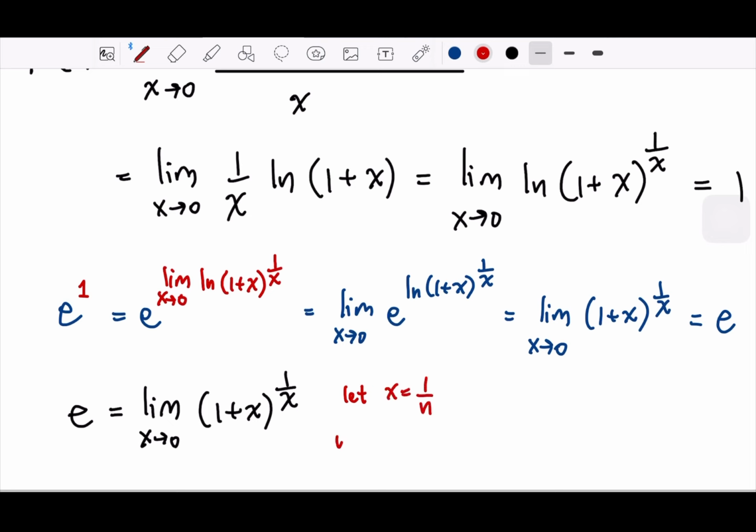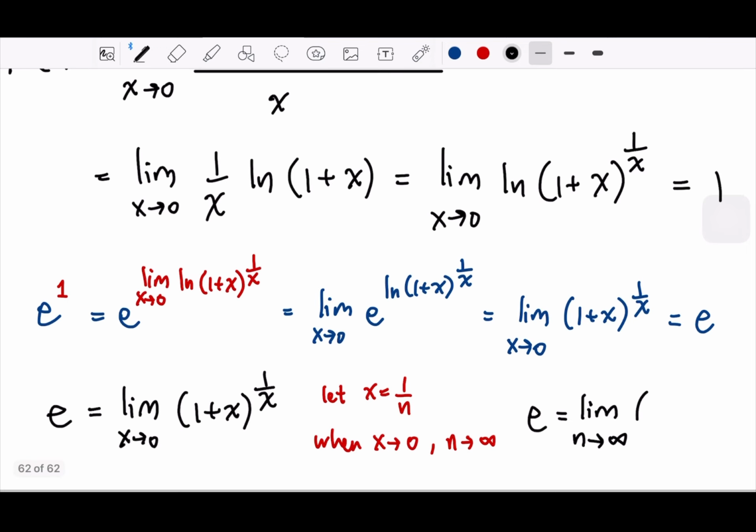When x approaches 0, then n approaches infinity. Now you can also write that as the limit as n gets larger of (1 plus 1 over n) to the power n. We can rewrite e with the limit as x approaches 0, or as n approaches infinity.